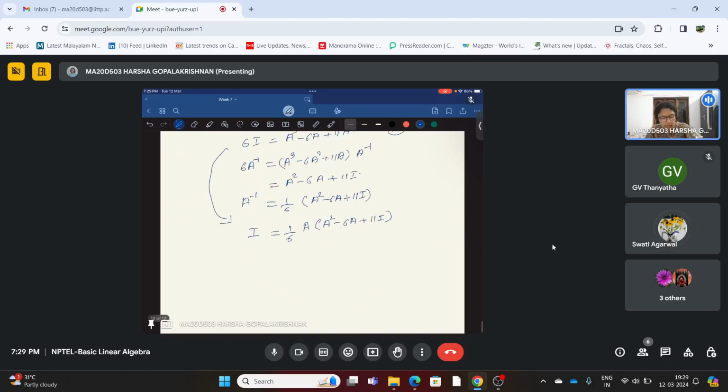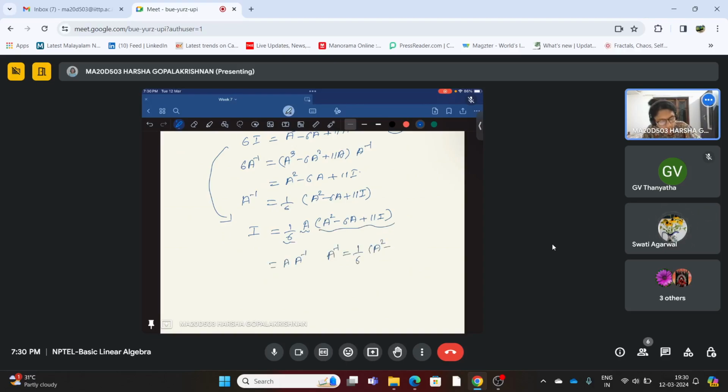From this directly I can say if this is A, and I am taking 1 by 6 into this as A inverse, then this is A into A inverse, where A inverse is 1 by 6 into A square minus 6A plus 11I. Both are the same: one is multiplying by A inverse on both sides, or take the A outside and whatever remaining term is A inverse.